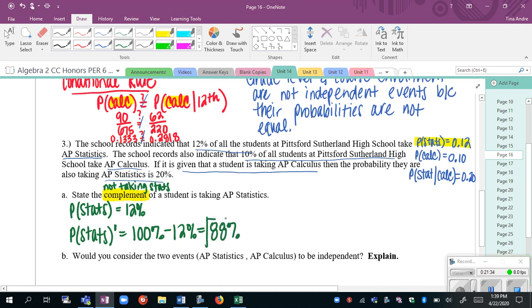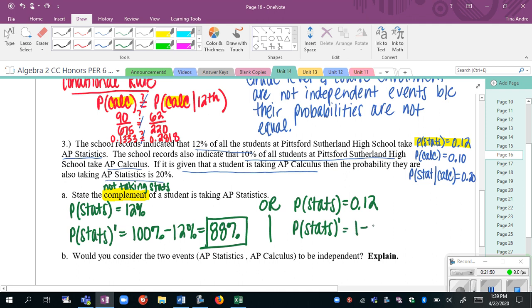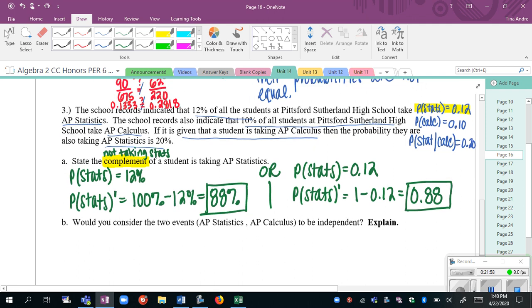That would be one answer. Or you could do this as decimals. The probability of stats is 0.12, so the complement would be 1 minus 0.12, so 0.88. Same answer, it doesn't matter which way you give it, they're equivalent.